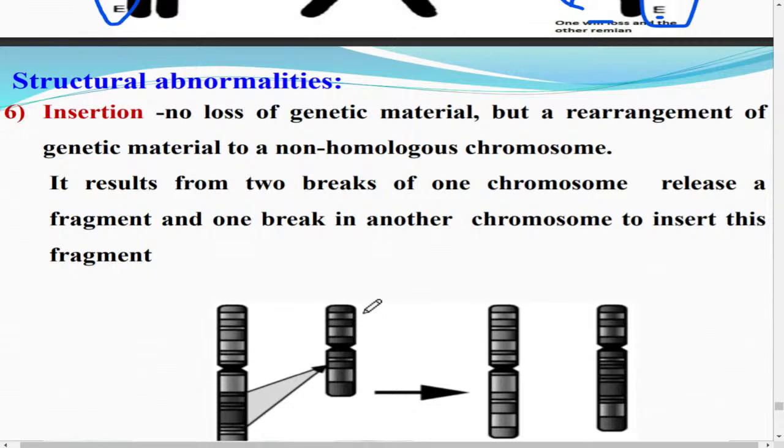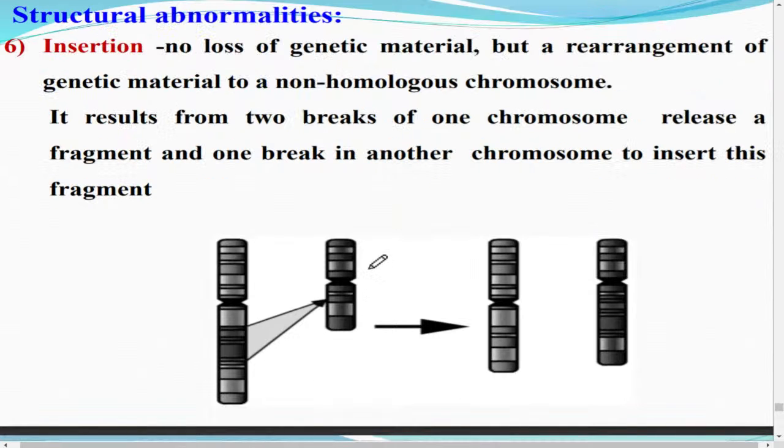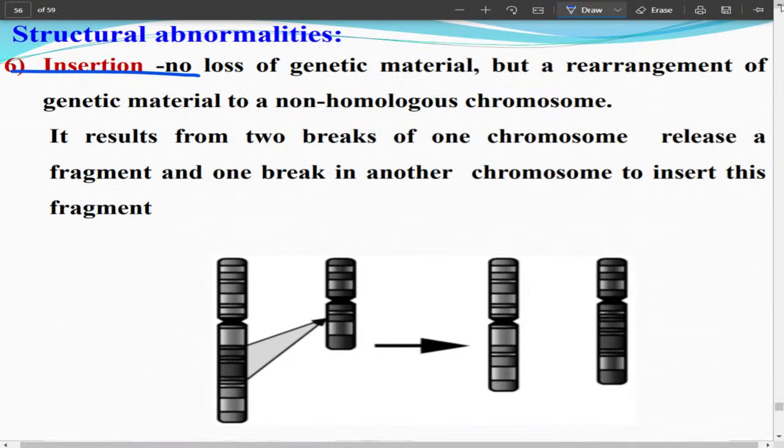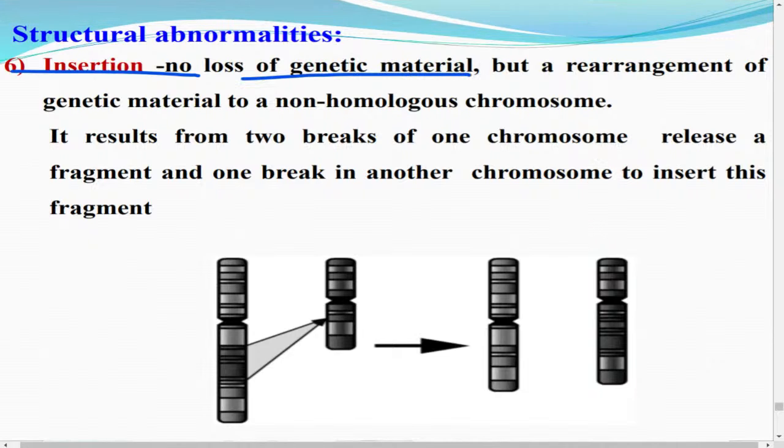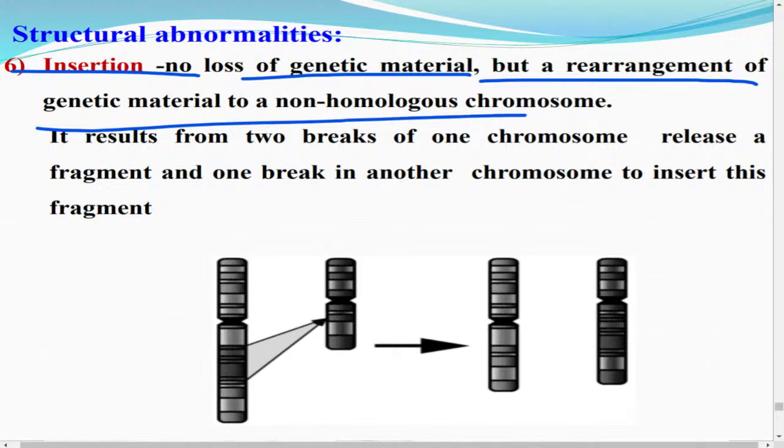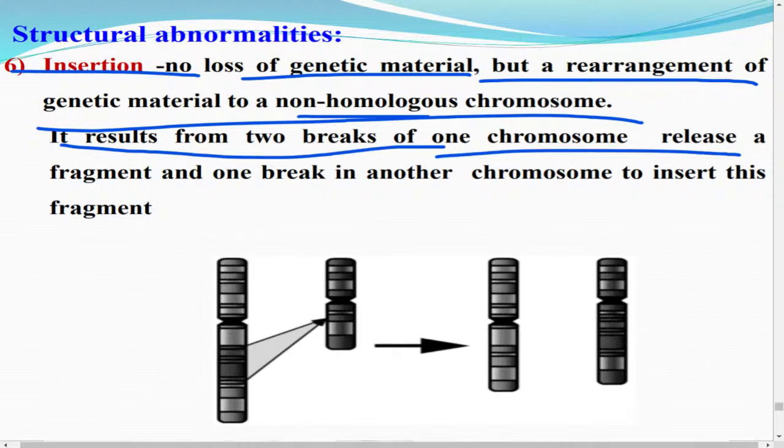Next, of structural abnormalities, the insertion. Insertion: no loss of genetic material, but rearrangement of genetic material to non-homologous chromosomes. It results from two breaks in one chromosome releasing a fragment, and one break in another chromosome to insert this fragment.